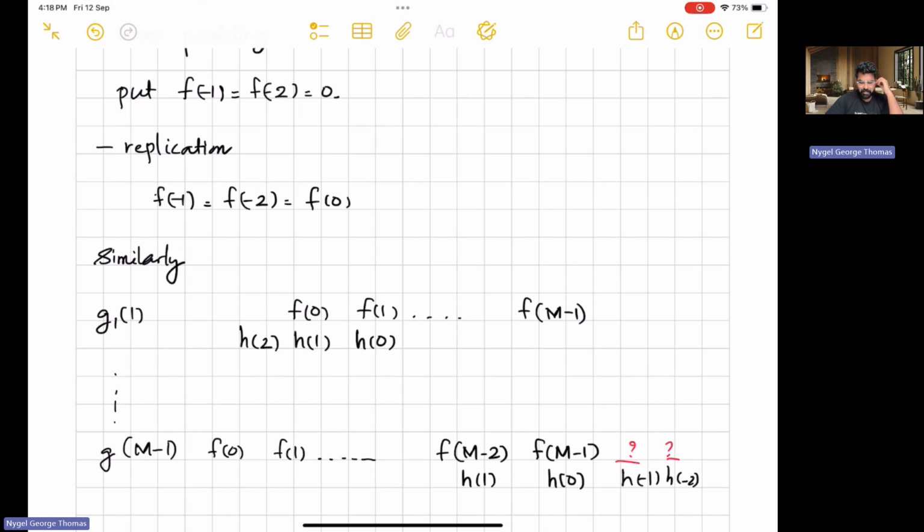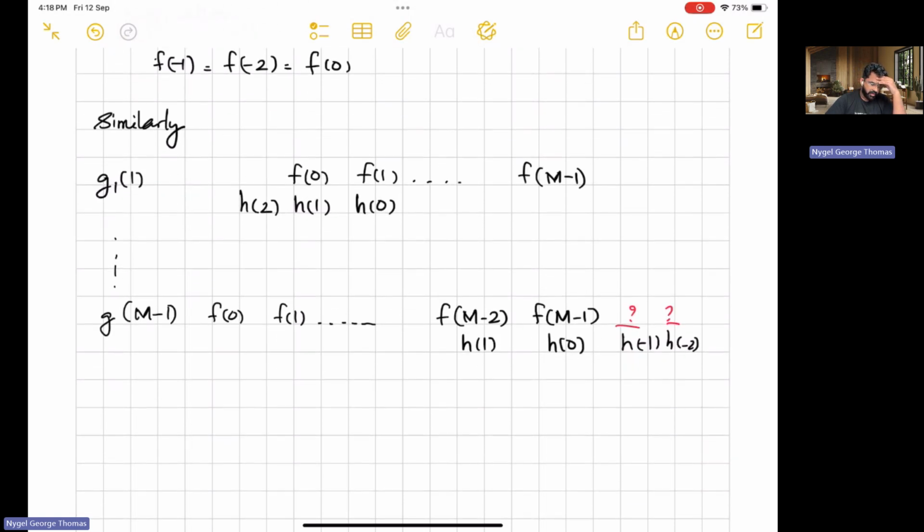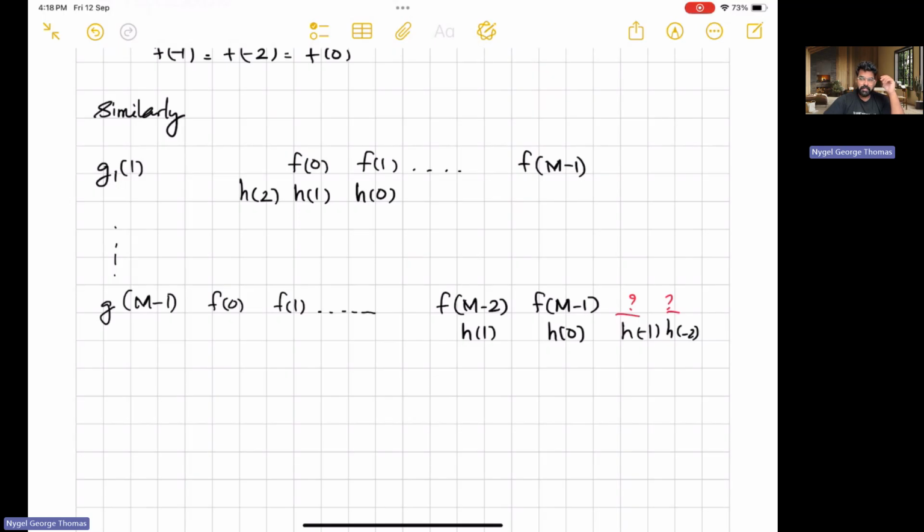A similar thing happens at the end also. If we go till g of m minus 1, at the end we require values f of m and f of m plus 1 to deal with the last term, but we don't know them.